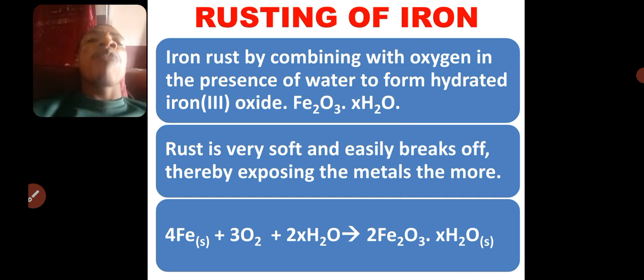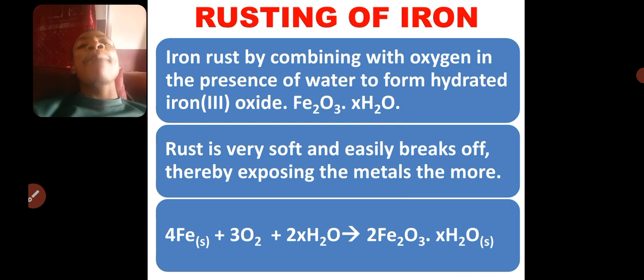Rusting is a form of corrosion in iron. Different metals have their own corrosion products, like copper is patina, silver is silver tarnish. But in iron, the corrosion product is called rust. So we generally call it rusting of iron.